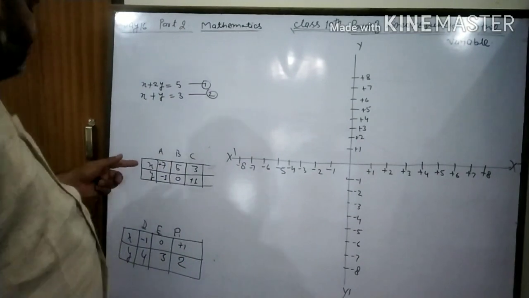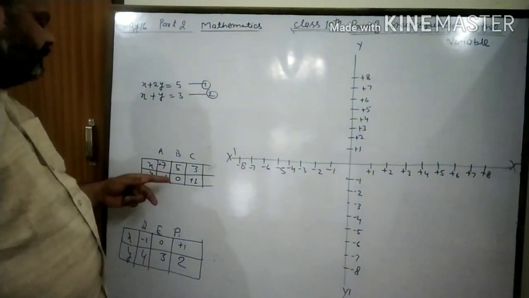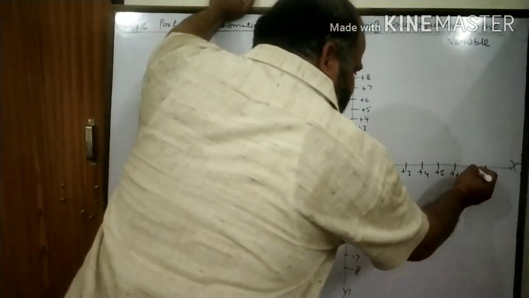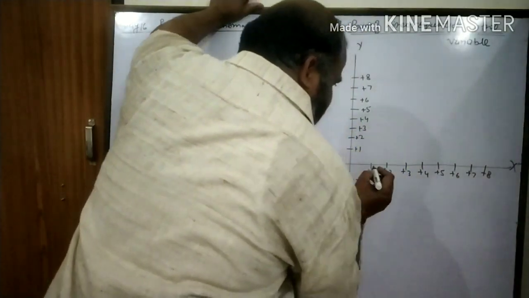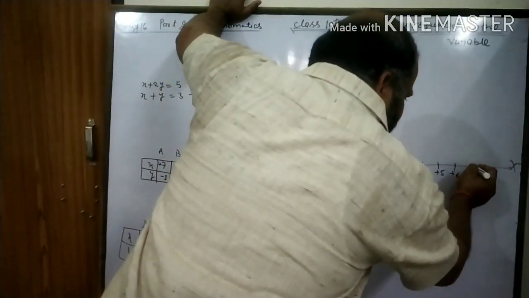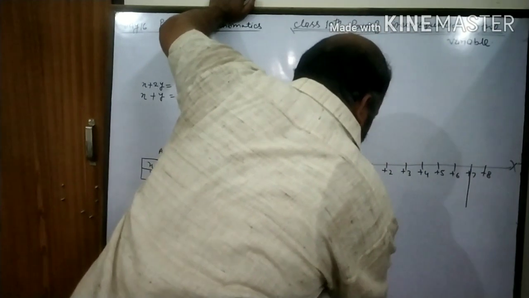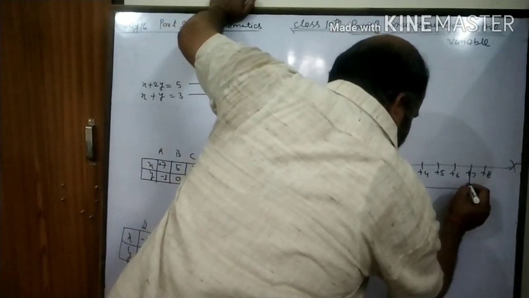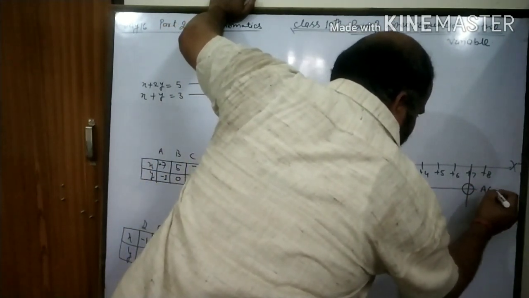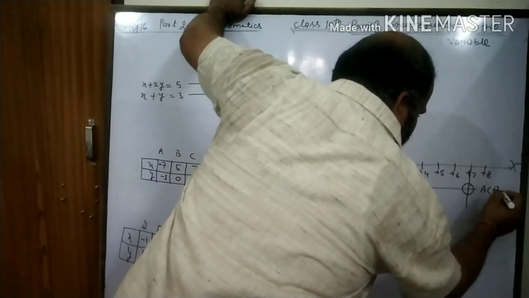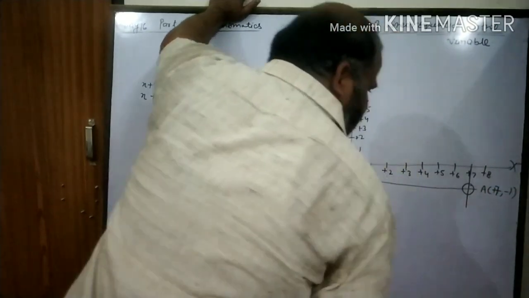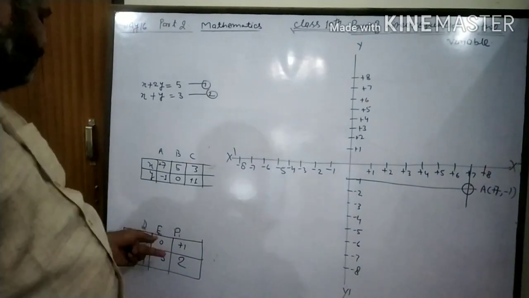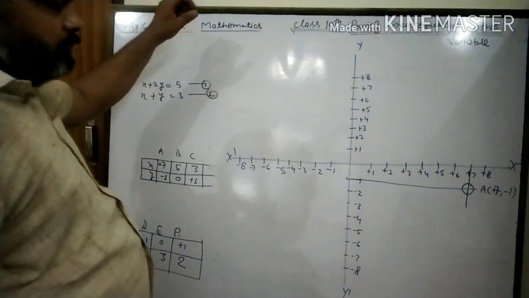Then A is +7, -1. It is +7 and it is -1. With the help of a scale we can draw a line like this, where both lines intersect. Then this point is A: +7 comma -1. In the same way, the point B is 5 comma 0.